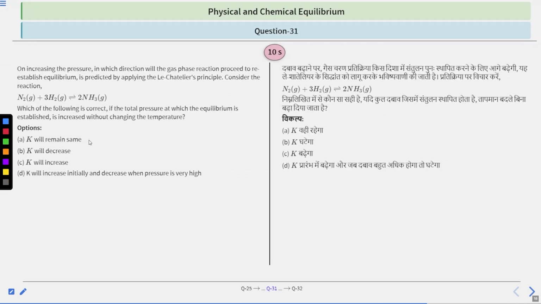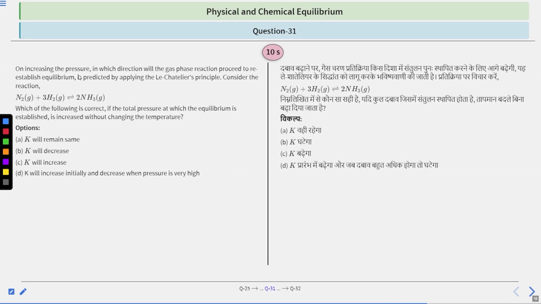Okay, let's move to question number 31. On increasing the pressure, the direction in which the gas phase reaction will proceed to re-establish equilibrium is predicted by applying Le Chatelier's principle. Consider the reaction N2 plus 3H2 gives 2NH3. Which of the following is correct if the total pressure at which the equilibrium is established is increased without changing the temperature?